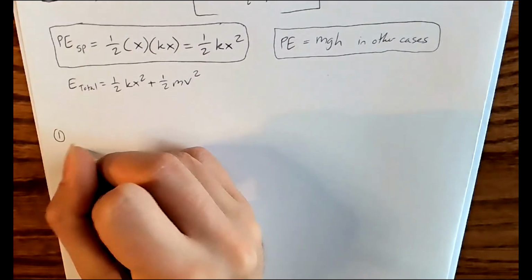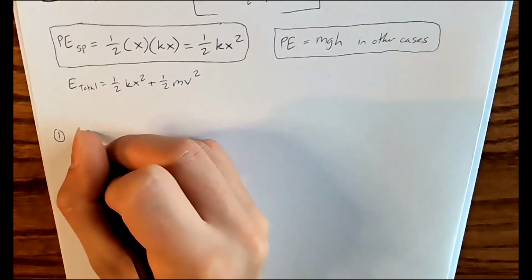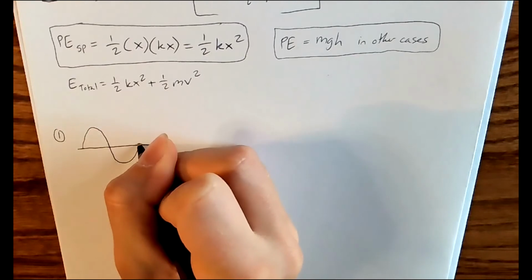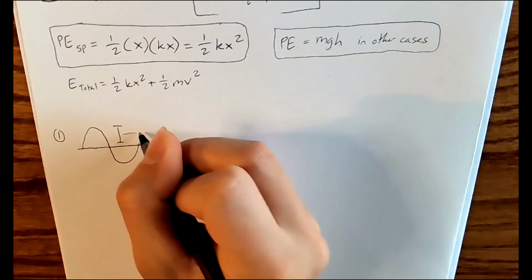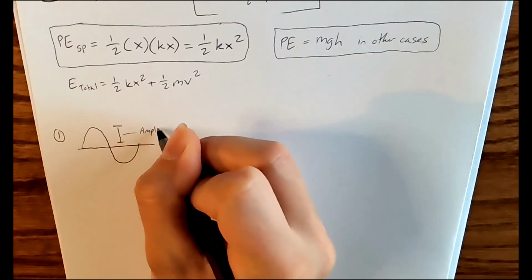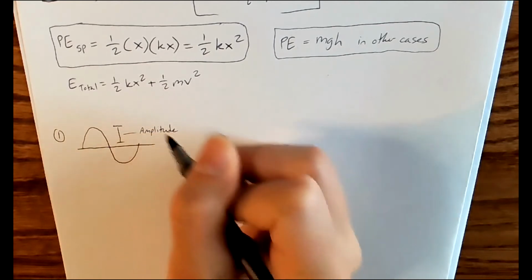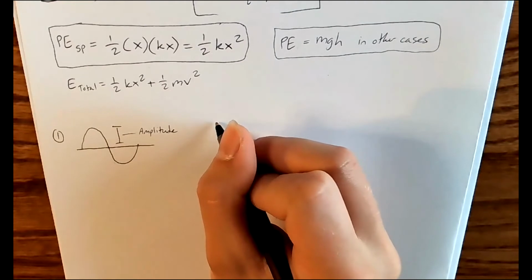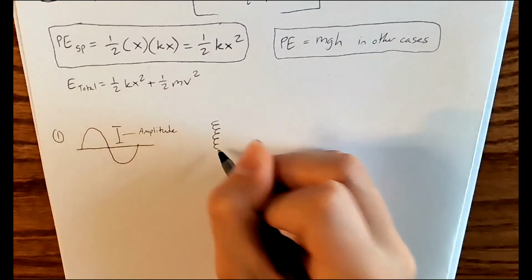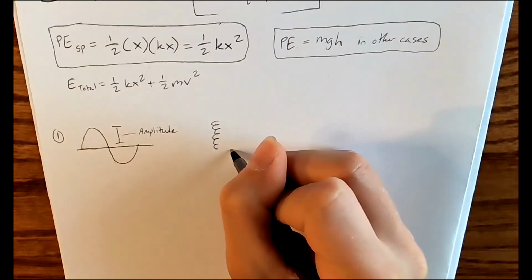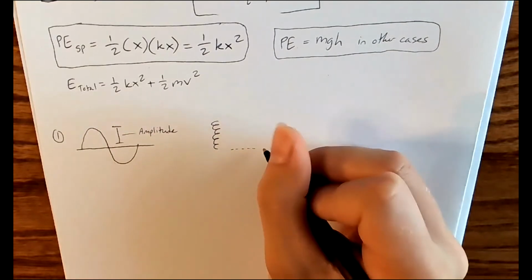Much like a wave has an amplitude, a spring has an amplitude. Let's say a spring is hanging, and this is the equilibrium point.